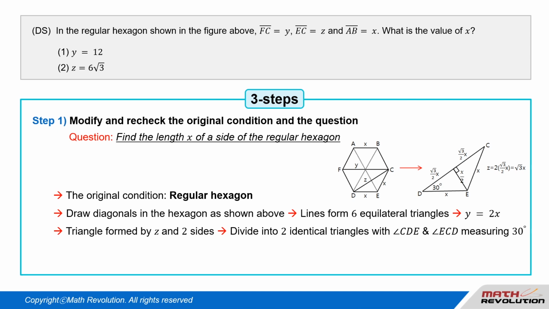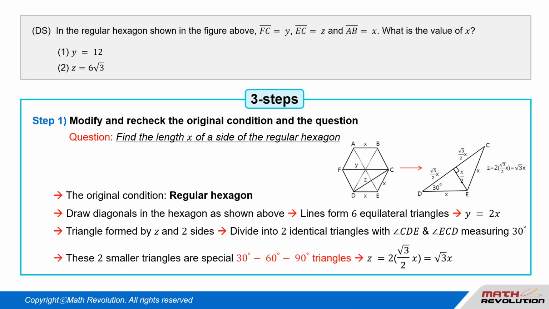Also, the triangle formed by z and 2 sides is also shown above. This can be further divided into 2 identical triangles with angle CDE and angle ECD measuring 30 degrees. This means that these 2 smaller triangles are special 30, 60, 90-degree triangles.